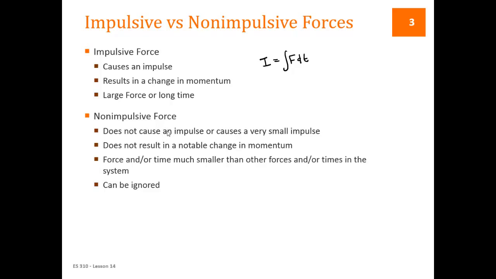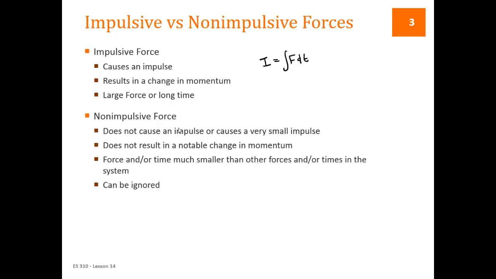So the question is, in which cases would a force not cause an impulse? If the force is very small or the time is very small, you wouldn't necessarily get an impulse from that force. So ask yourself, does this force cause a change in momentum of my system? If a force is much smaller than other forces, for example, when you hit a ball with a tennis racket, the force that the tennis racket applies on the ball causes an impulse.